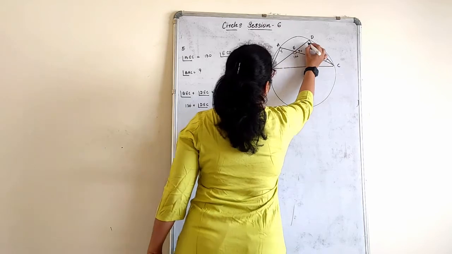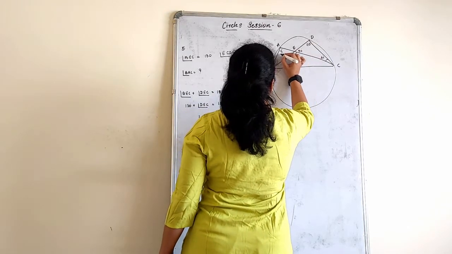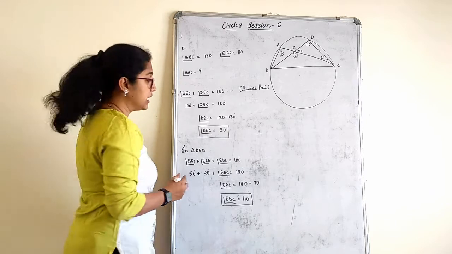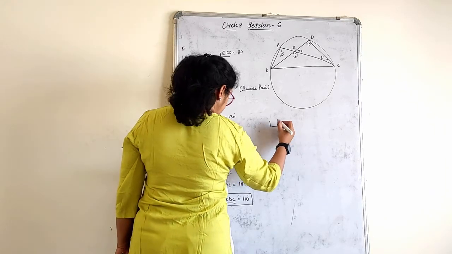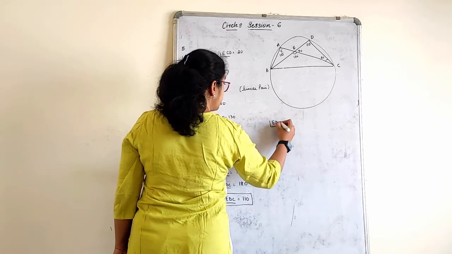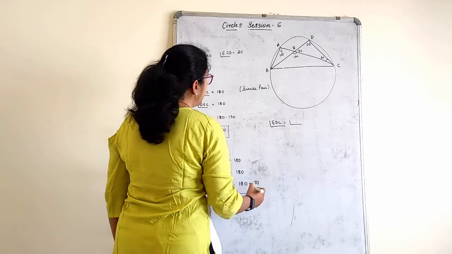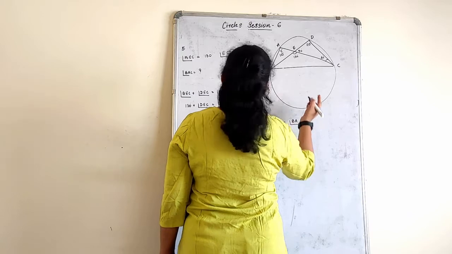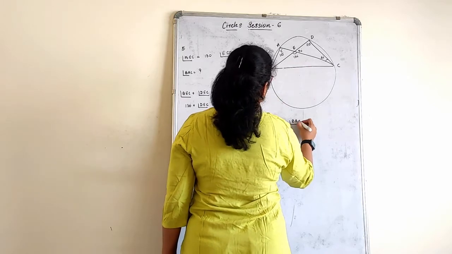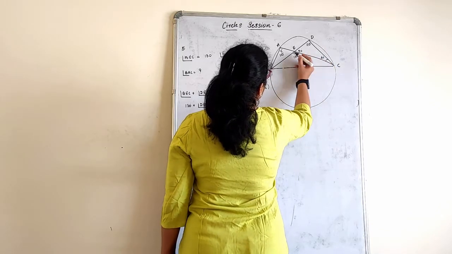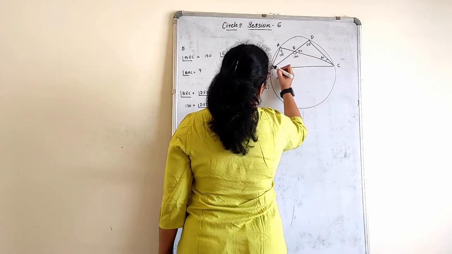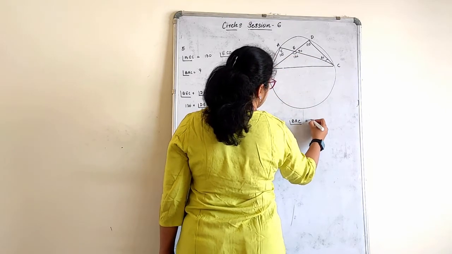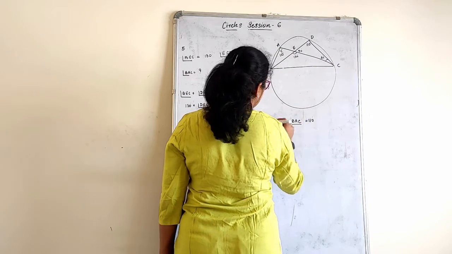This is 110. If this is 110, can this also be 110? Angles in the same segments are equal. Angle EDC is equal to angle BAC, the whole angle or part of it, both will be the same, equal to 110.